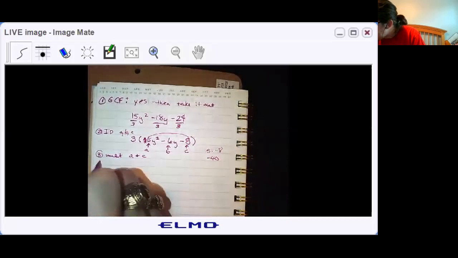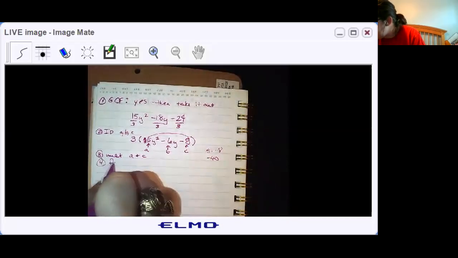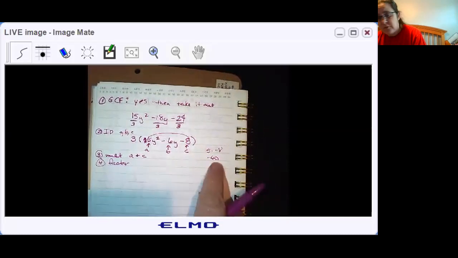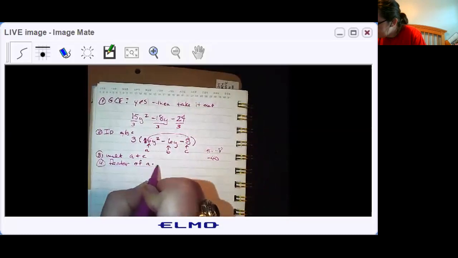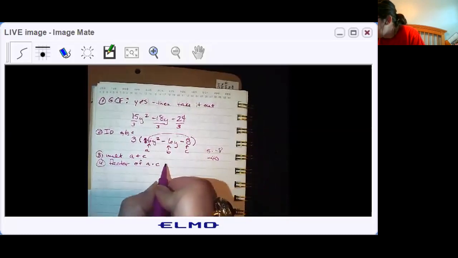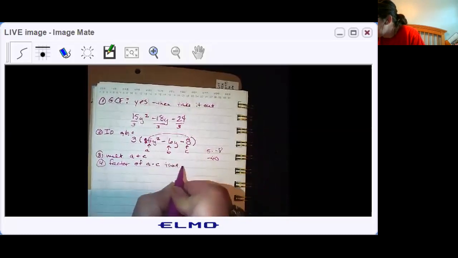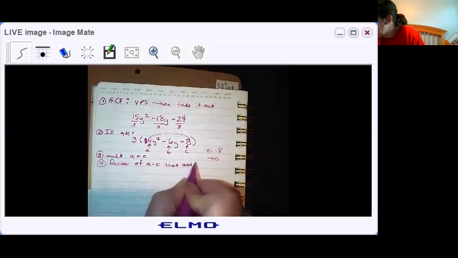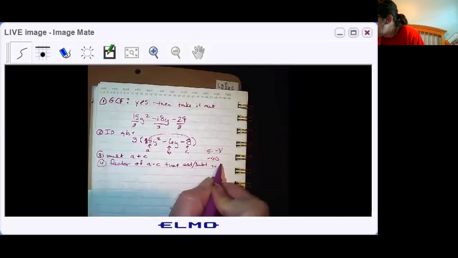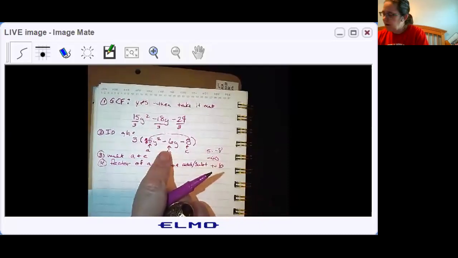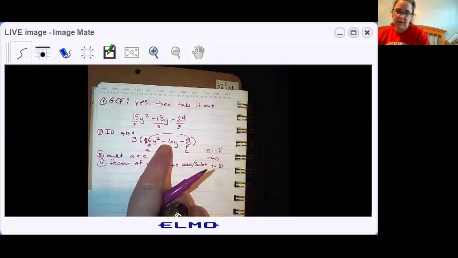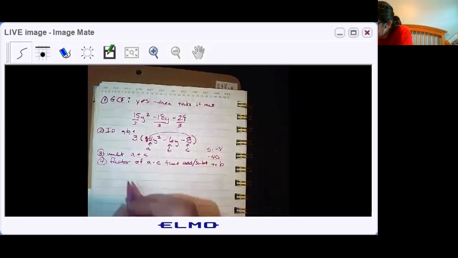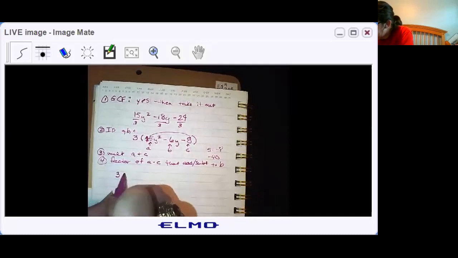Okay, now I need factors of 40 that either add or subtract to give me this middle term. So I need factors of 40 that add or subtract to give me negative 6. So I'm going to write this over again so I can see everything.